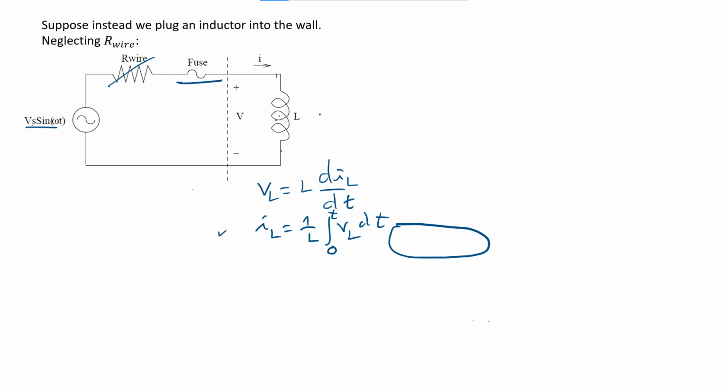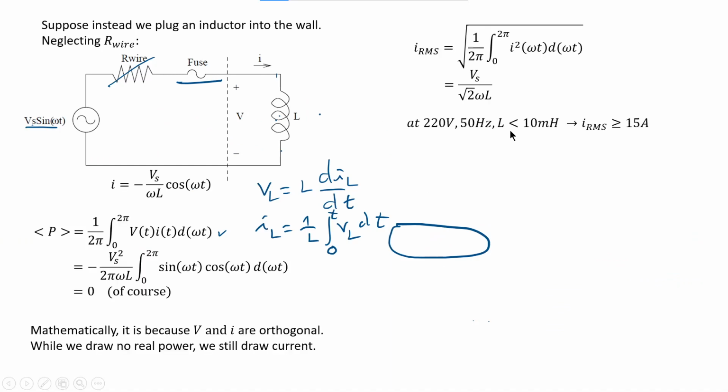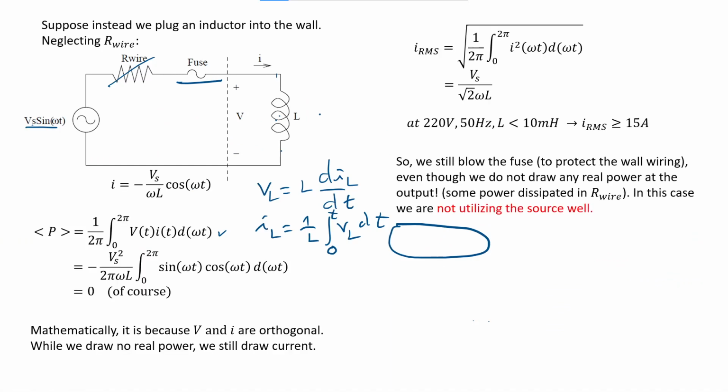So here, when you get the average power on the inductor as 0, what can you say about it? The way you use your source is not based on utilization. Why is this?